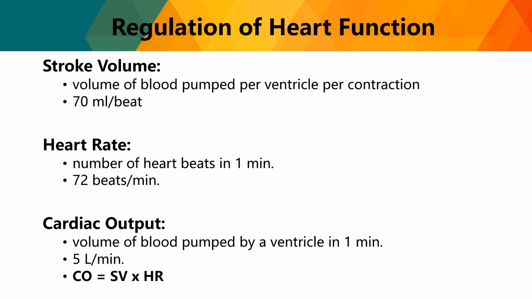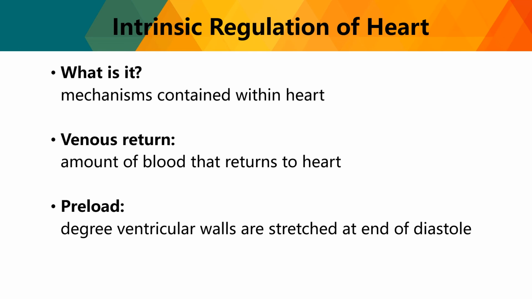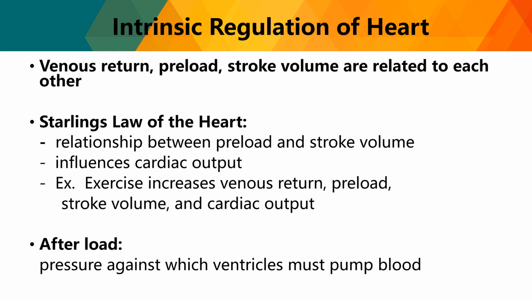Okay? So, for the intrinsic regulation of the heart, it is actually the mechanism contained within the heart. So, you have what you call your venous return. This is the amount of blood that returns to the heart. And you also have what you call your preload, which is the degree to which the ventricular walls are stretched at the end of the diastole. And then the venous return, the preload, and the stroke volume are actually related to each other.